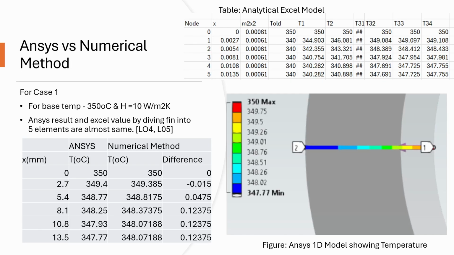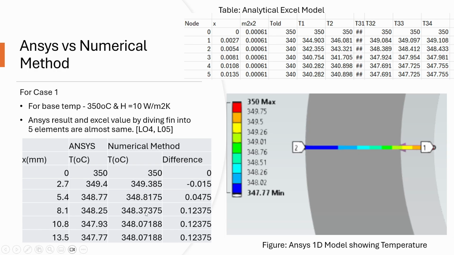temperature at different positions. We can see that from 1 to 2, if you have temperature 350 at 1, how much temperature will be at different positions. As you can see, this is the different condition. So I calculated from the numerical method, also from ANSYS.